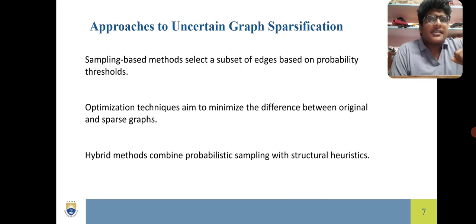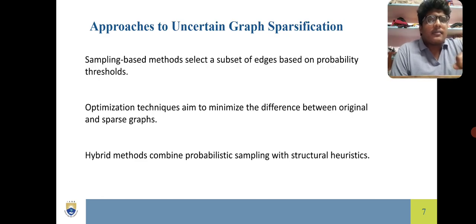Sampling-based methods keep edges based on their probabilities or importance, and more reliable edges are kept more often.